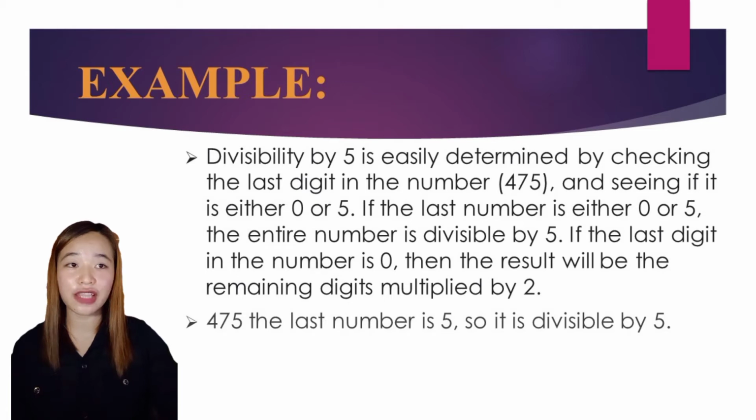If the last digit is either 0 or 5, the entire number is divisible by 5. If the last digit in the number is 0, then the result will be the remaining digits multiplied by 2. In 475, the last digit is 5, so it is divisible by 5.